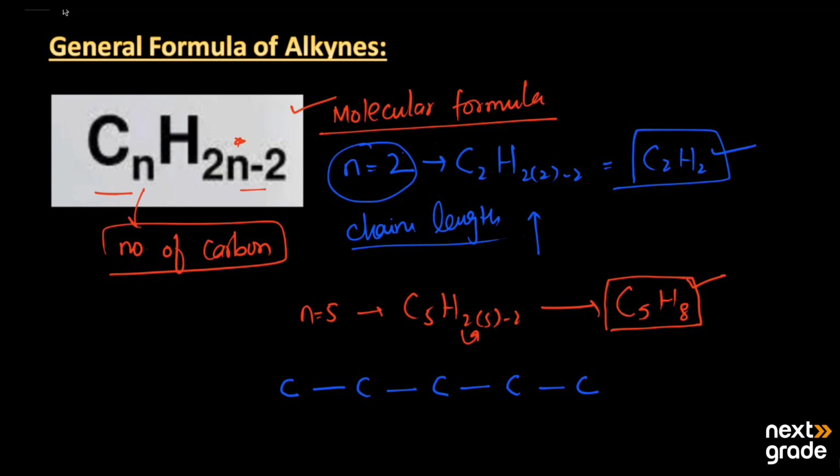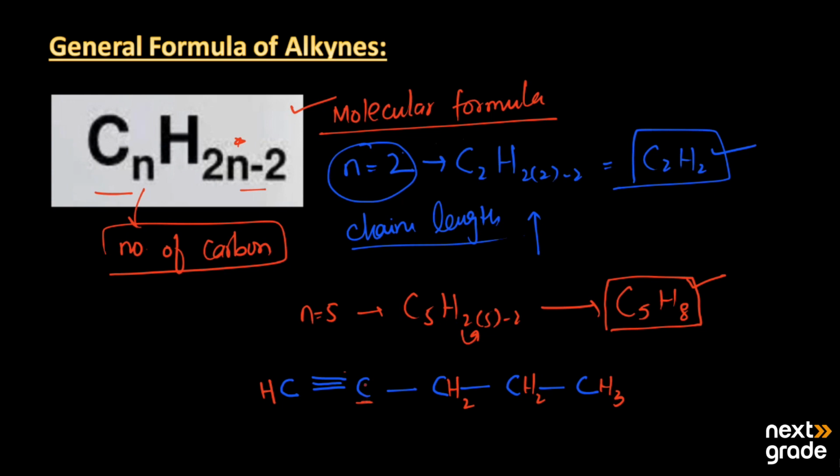Then we make a triple bond between two carbon atoms, and after that we complete their hydrogens. So we'll have three hydrogens, two hydrogens, again two hydrogens, and this carbon will have one hydrogen, as it is already having four bonds: 1, 2, 3, and 4.